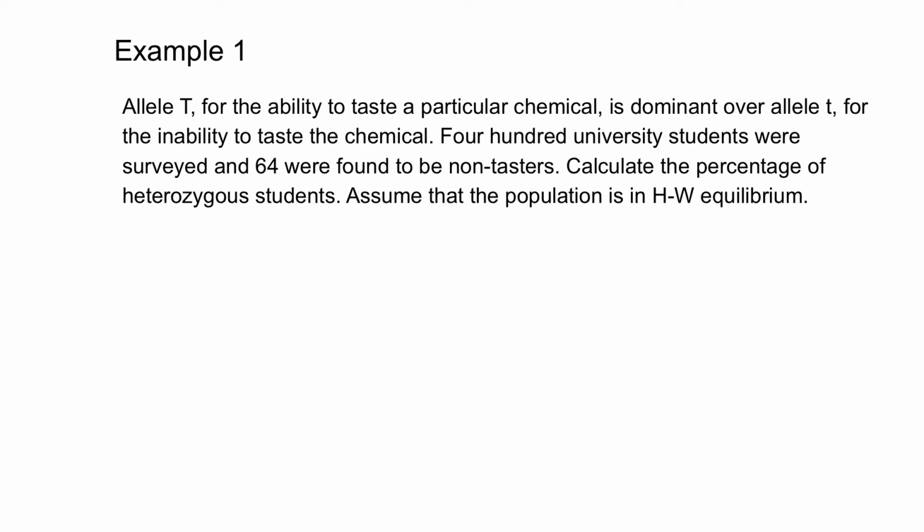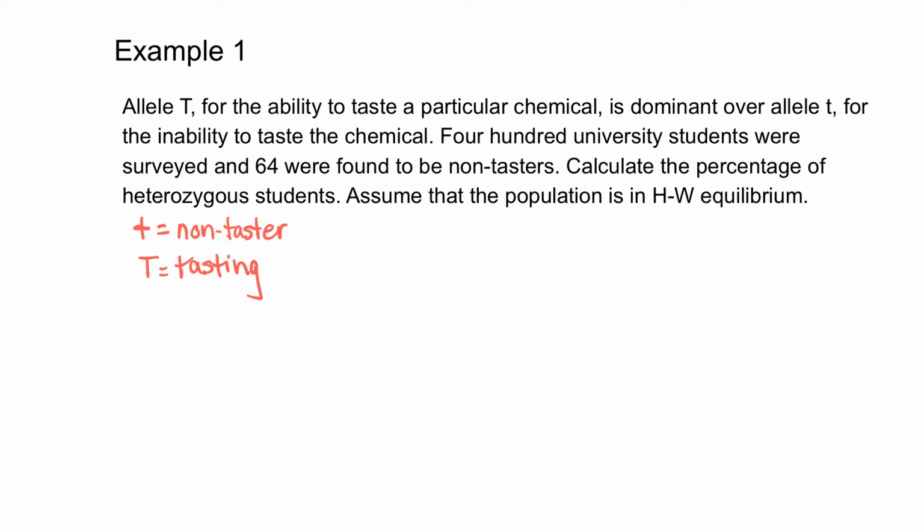So let's write that out. This is what they're giving us in the problem. Little t equals the non-tasting allele. And then the capital T is the tasting allele. Right, so there's our two alleles.